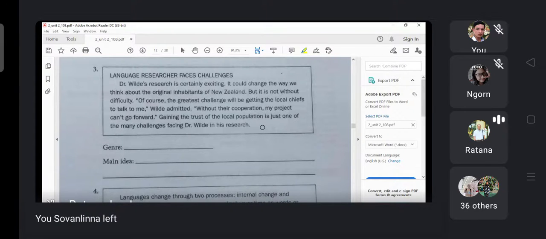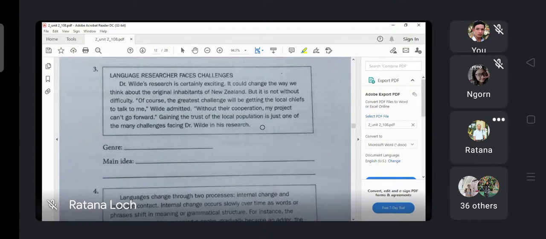What is the type of text? I think it is a news article. Okay, great. Yes, correct. So what is the main idea of this?